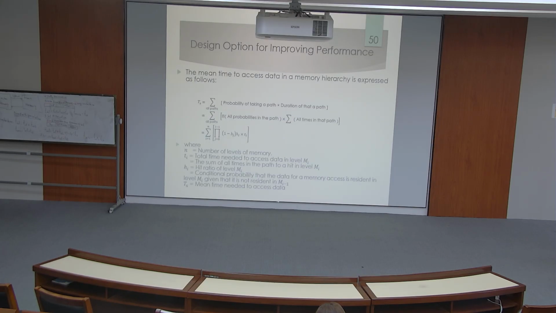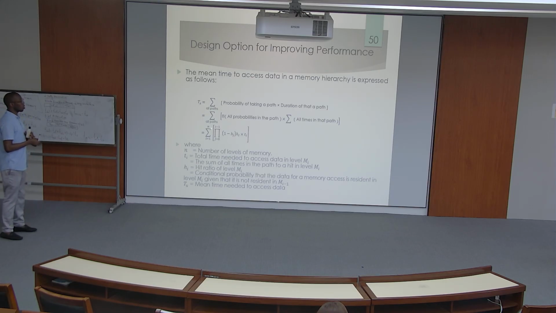Now, we need to have a look at some design options on how to improve the cache memory performance. We have to calculate the average time to access the data in a memory hierarchy, which is equal to the probability of taking a path times how long it takes to retrieve the data if it is in the path.